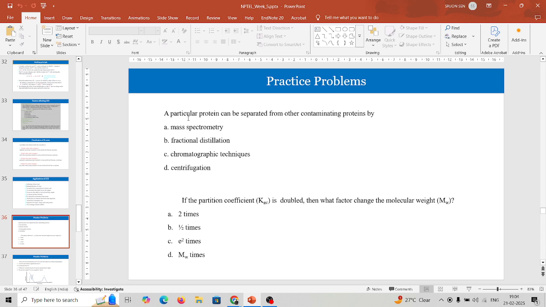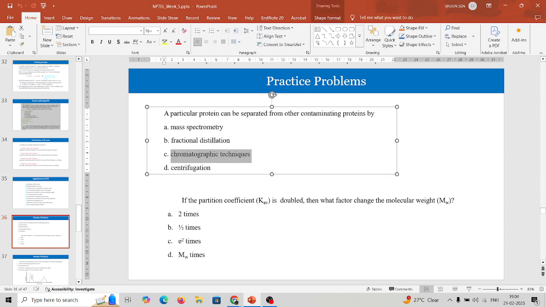See. Yes. So a particular protein can be separated from the contaminating proteins by spectrometry, fractional distillation, chromatographic techniques. Easy one. Okay. The next one.